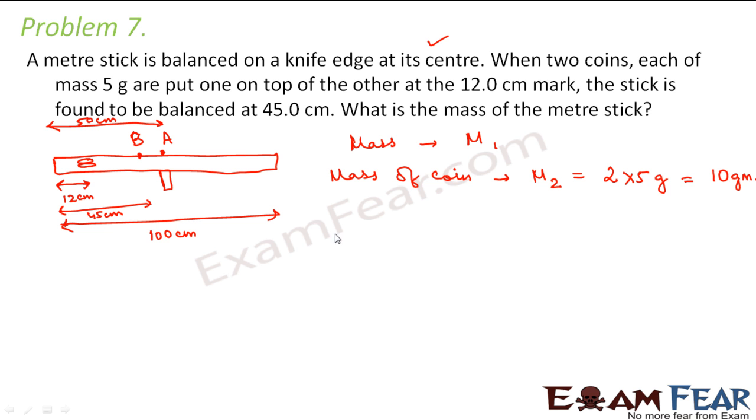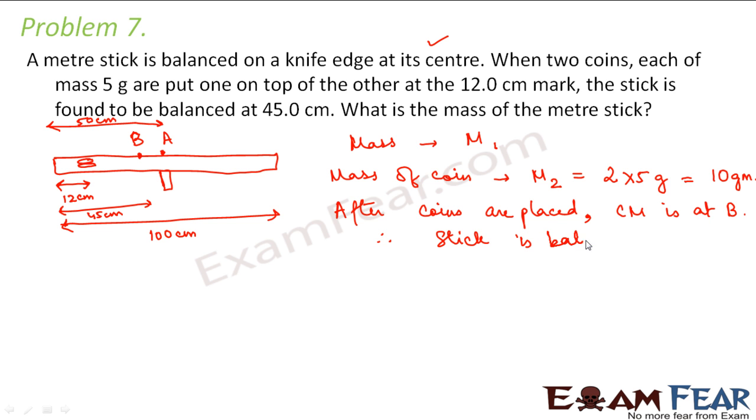Now when the coins are placed, the center of mass shifts to point B. Since the stick is balanced, after the coins are placed, the center of mass is at point B, that means the stick is balanced about this point.